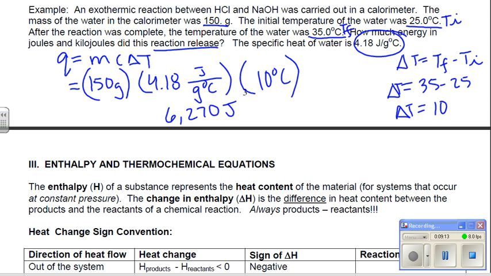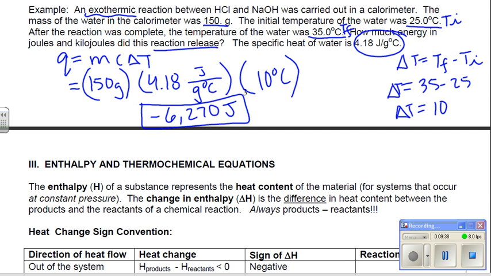The only difference in these numbers is that my answer should be negative. Okay? It even tells me it's exothermic. So by telling me it's exothermic, I know I need a negative Q or a negative H value. Okay? So it needs to be negative because this reaction released energy.